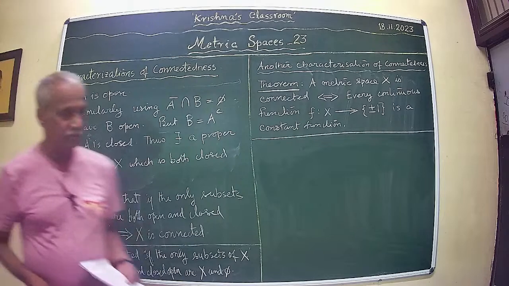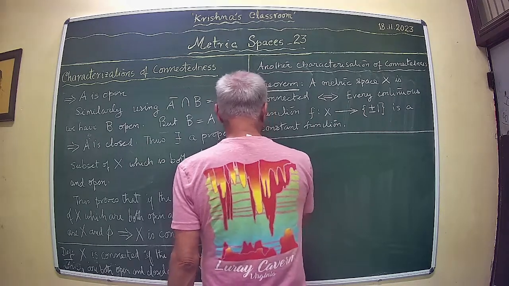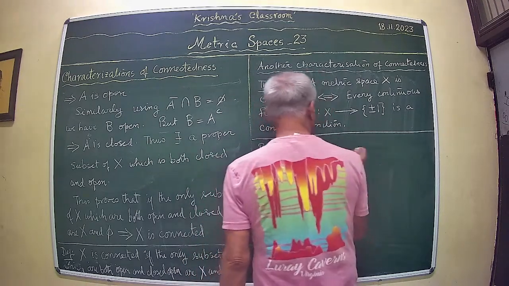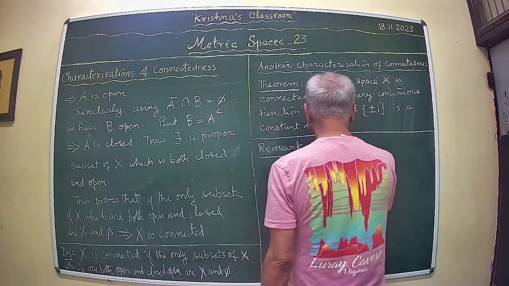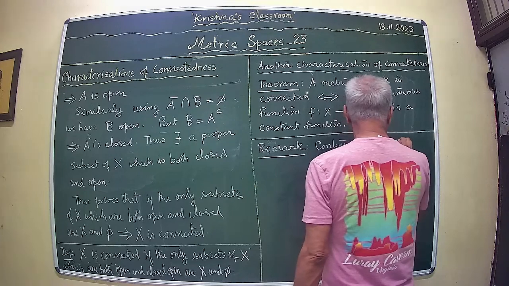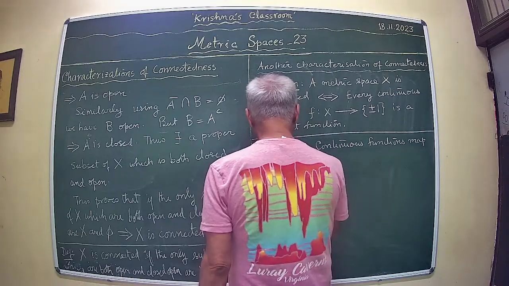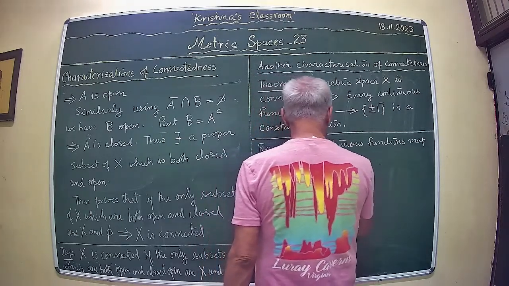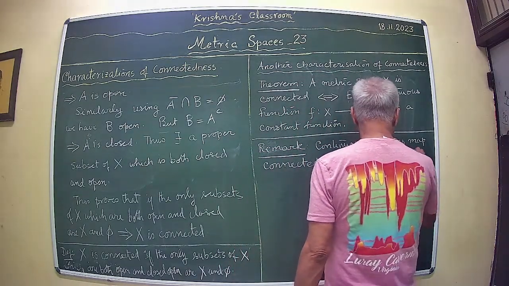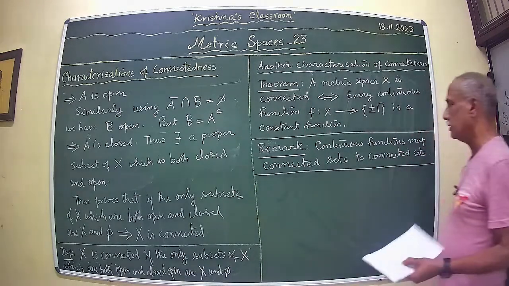So this is what we have. Continuous functions map connected sets to connected sets. That means the connectedness property is retained by continuous functions.